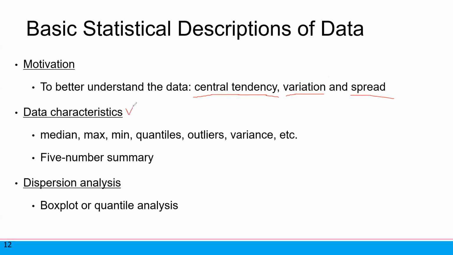And some characteristics in statistics are like median, maximum, minimum, quantiles, outliers, and variance. So we will learn about the 5 number summary, and maybe we will also check the dispersion analysis. In the box plot or the quantile analysis, we can see the dispersion.